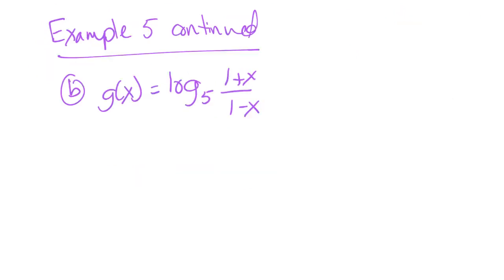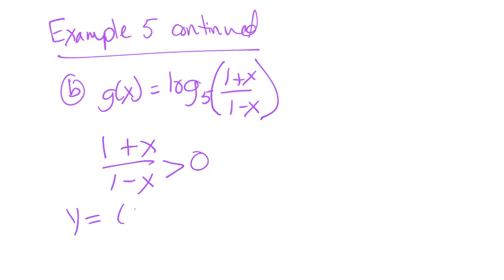In the next part of example 5, we have the function g of x equals log base 5 of the quantity 1 plus x over 1 minus x. Like we did last time, we take that argument, 1 plus x over 1 minus x, and figure out when it's greater than 0. What I did was graph this. In my y equals, I entered 1 plus x divided by 1 minus x, so make sure you have the parentheses like that.